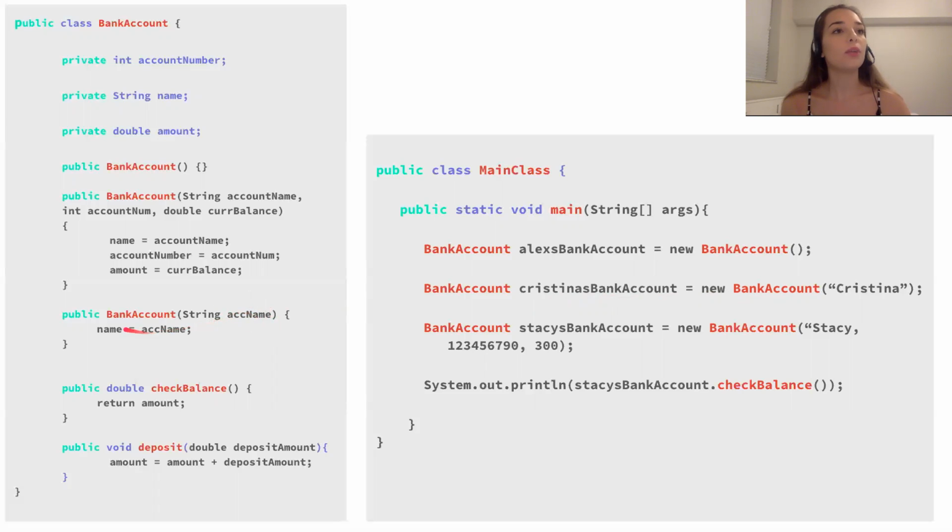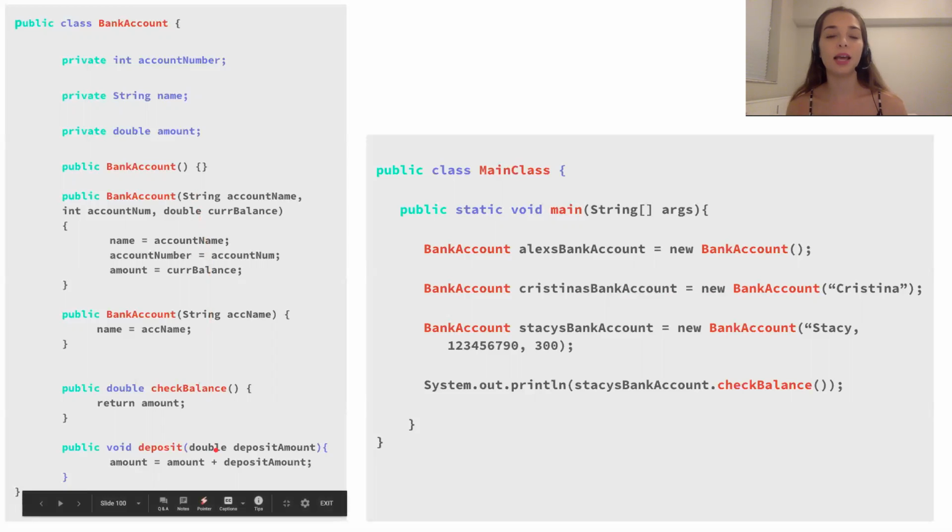So when we go in here and we say name equals account name, what we're actually doing is setting name to be Christina. So this instance, Christina's bank account, is going to have the name Christina stored away already at the very beginning when we first make Christina's bank account. So you won't need a method here that sets the name for Christina's bank account because you already set it.